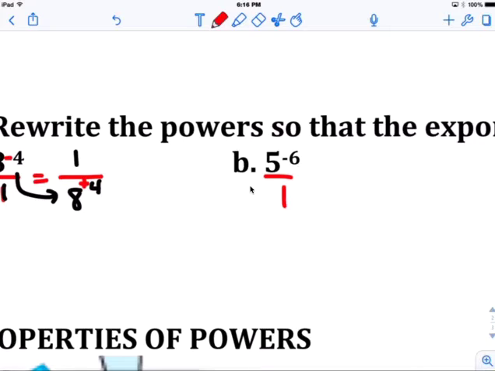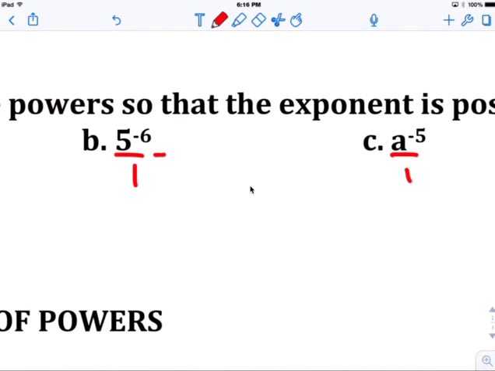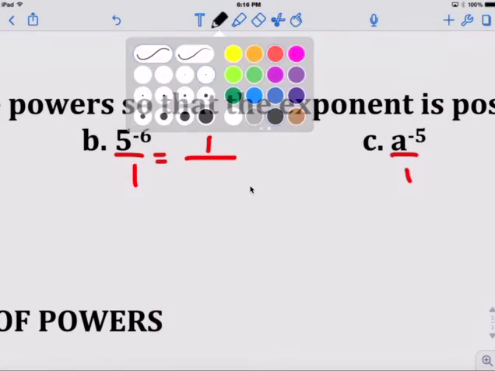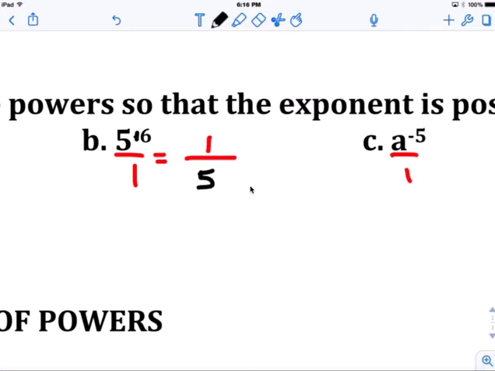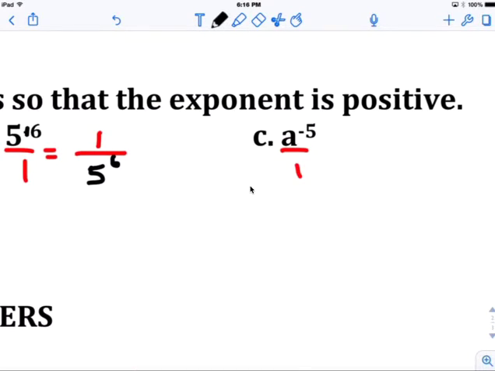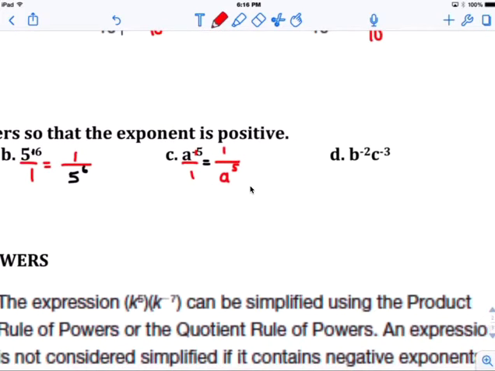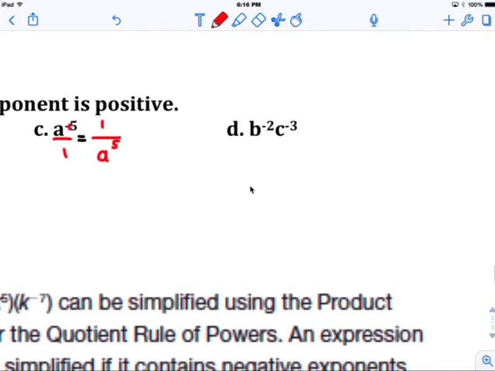Okay? This really means 1 over 5, instead of this negative, make it a positive to the 6th power. So here, 1 over a to the positive 5, right there, like that. So this is 2 problems.